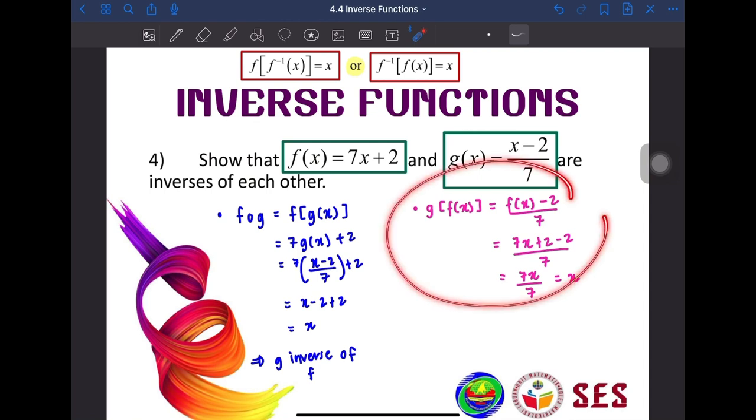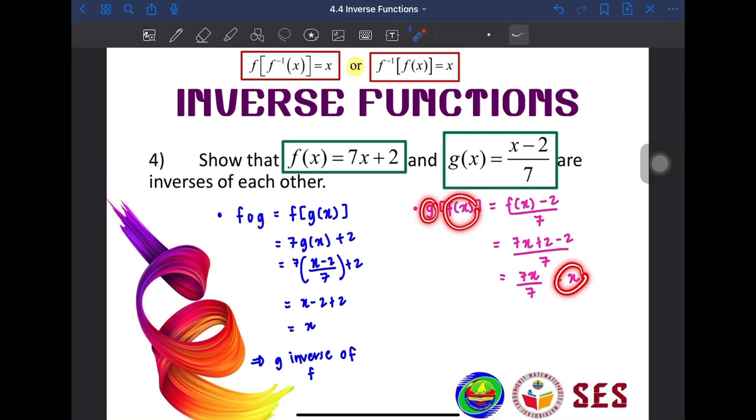So, from this, kita tahu f sebenarnya adalah inverse untuk g. Kenapa? Sebab G, kalau compose dengan inverse dia, dia akan dapat X based on properties. So, we know daripada sini, F is inverse of G. Okay?